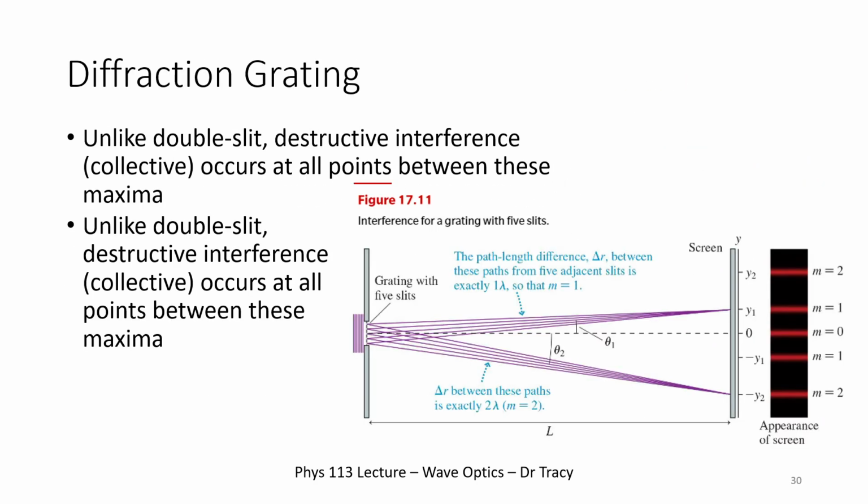The reason is that there are more sources to interfere with one another, and so they destructively interfere in the dark bands between each of the bright fringes.